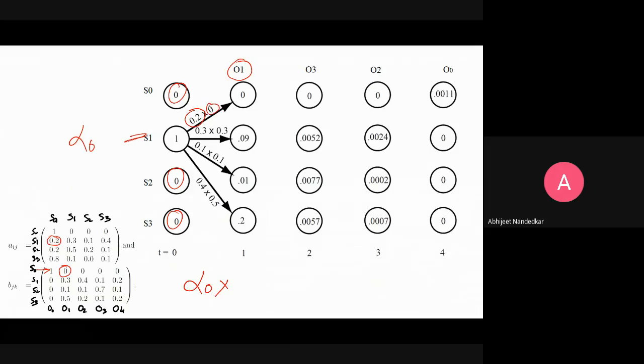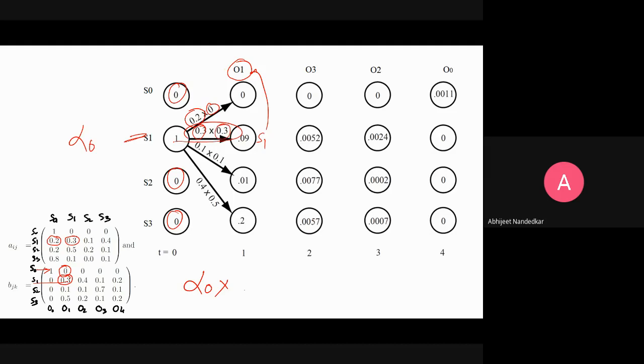Then let us look at one more thing. Let us see this calculation. From S1 I am going to S1. The probability is 0.3. And when I stand at S1, I am emitting symbol O1, so the probability is 0.3.